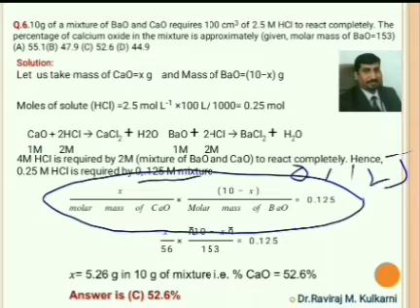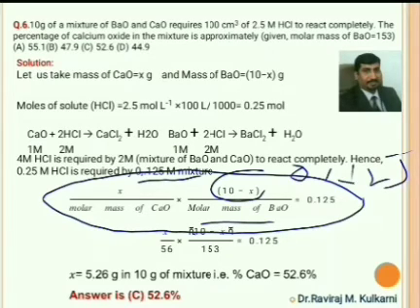x divided by molar mass of calcium oxide plus 10 minus x divided by molar mass of barium oxide is equal to what? Weight of substance divided by molar mass gives the moles of calcium oxide, and weight of barium oxide divided by molar mass of barium oxide gives the moles of barium oxide.